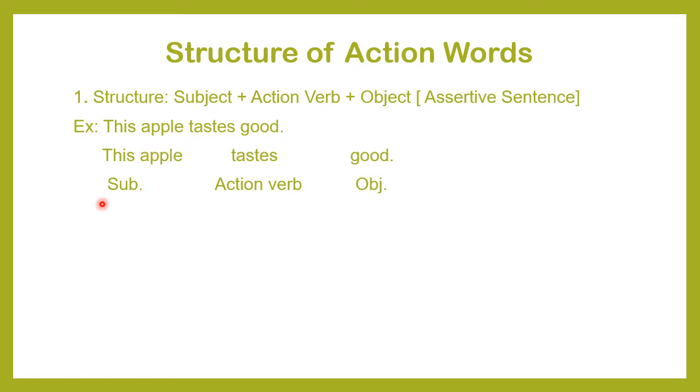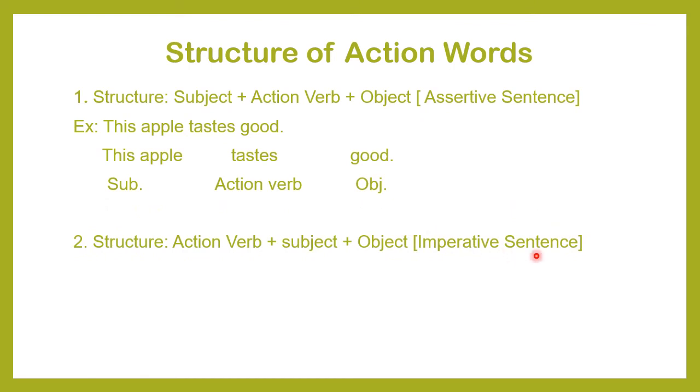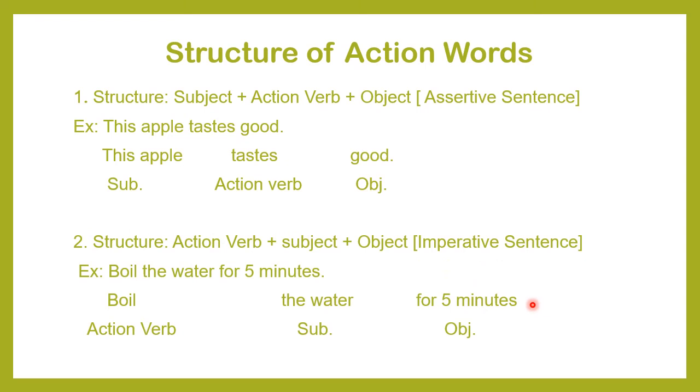Here the subject is this apple, taste is the action verb and good is the object. And in an imperative sentence, the structure will be like this: action verb, then subject and then object. For example, boil the water for 5 minutes.